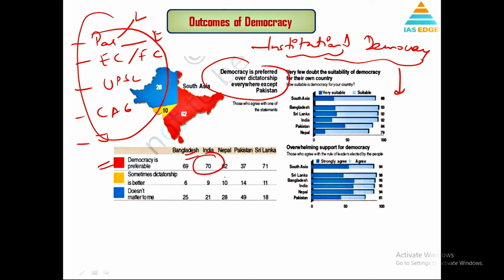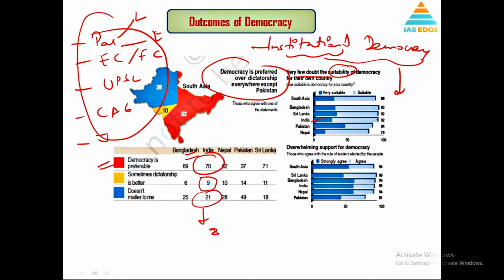So the idea is to develop institutions, parliamentary institutions, strengthening EC, Election Commission, Finance Commission, UPSC, CAG, and the list goes on. If these institutions function properly, the parliament will have legislative, executive, judiciary. If these institutions function properly, we can say the democracy can survive better.